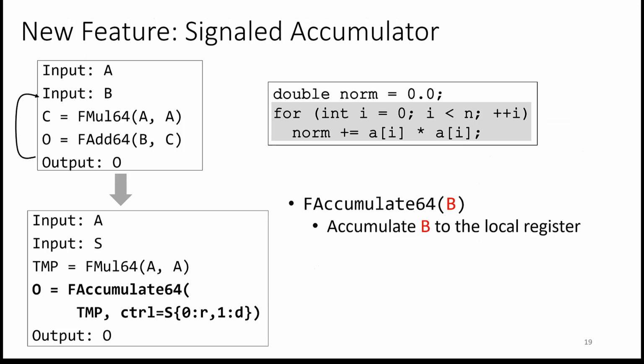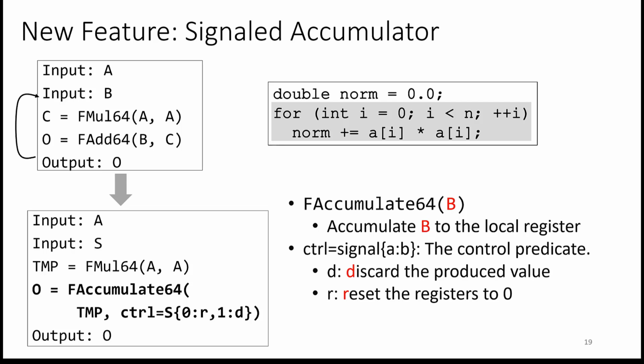The accumulator is essentially an adder, but one of the operands is from a local accumulate register, and the result of the addition is used to update this register. But it introduces 2 questions for us. One is when should we reset this accumulator register, and another is when should we finalize the data?